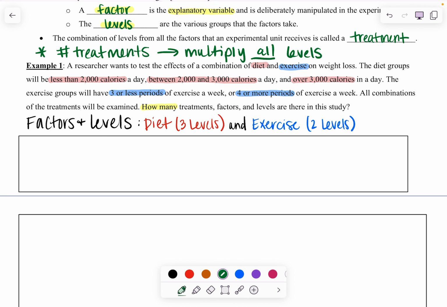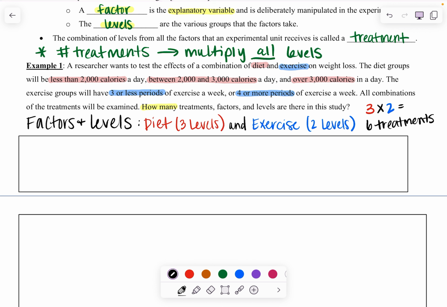And if I want to find the total number of treatments, all I have to do is take 3 and multiply it by 2. That tells me in total, there should be 6 treatment groups. So this question only asked how many of each one there are.